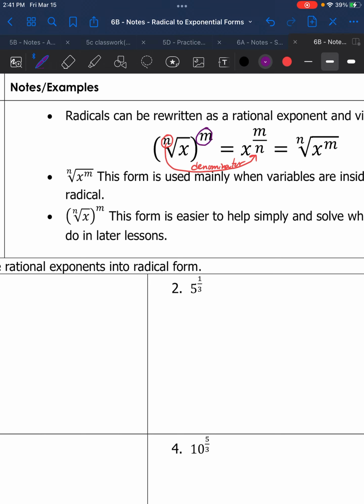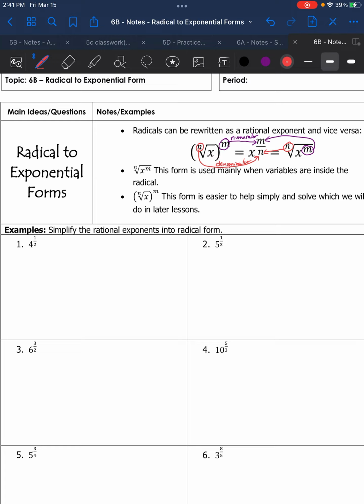And what the radical is being raised to, the exponent, becomes your numerator. It doesn't matter if the exponent is inside the radical, it's still your numerator. And the index, the type of radical it is, is always the denominator of the exponent.